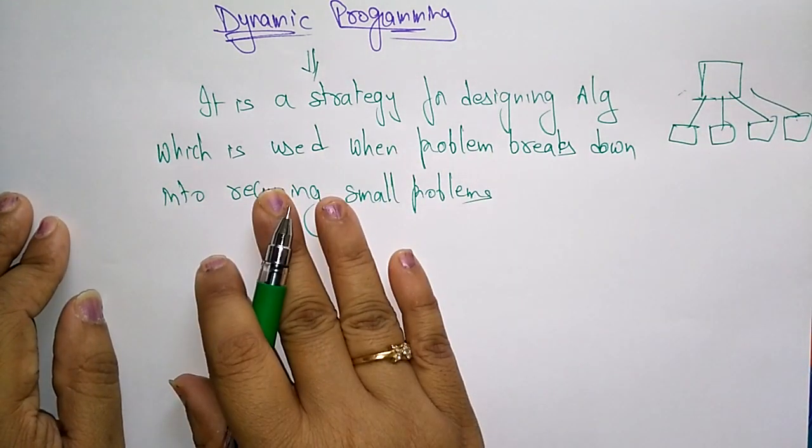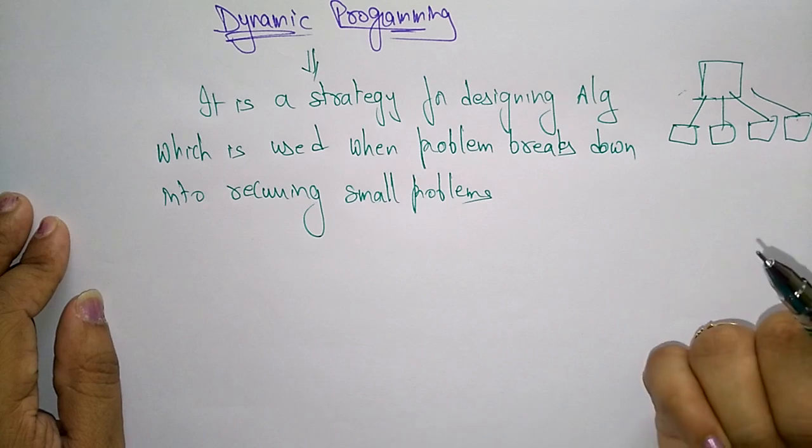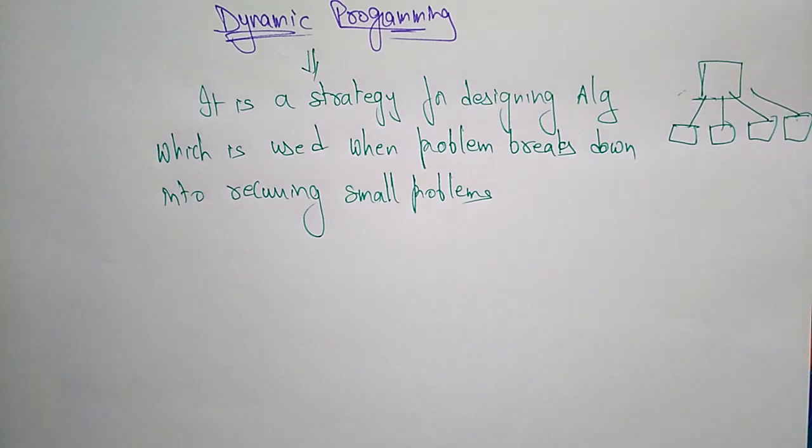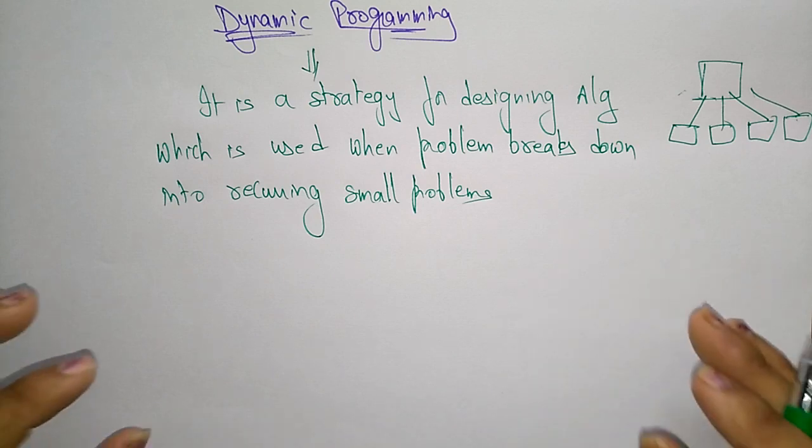So it means the sequence of decisions. Dynamic programming can take a sequence of decisions, and in that sequence of decisions it can find the optimal value, the exact solution. The strategy it follows is to break the problem into smaller recurring problems, solve those recurring problems, and find the exact solution for the main problem.